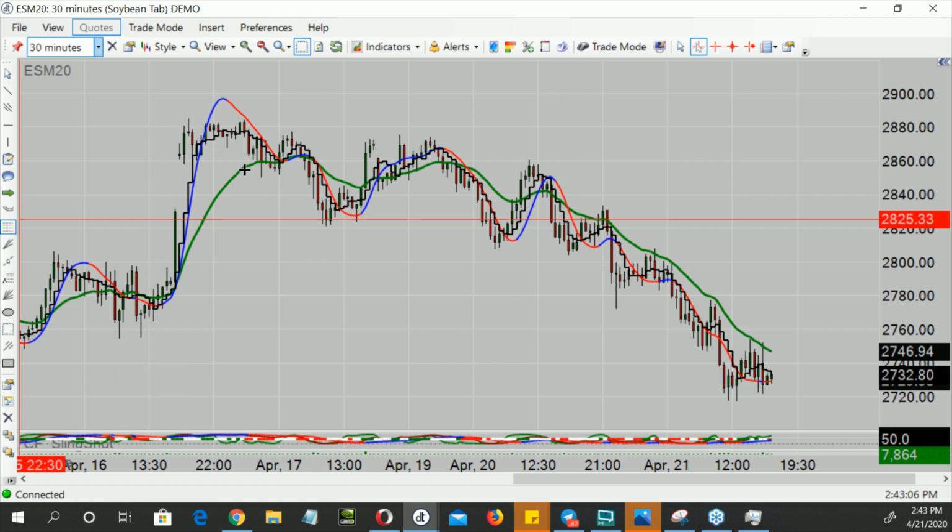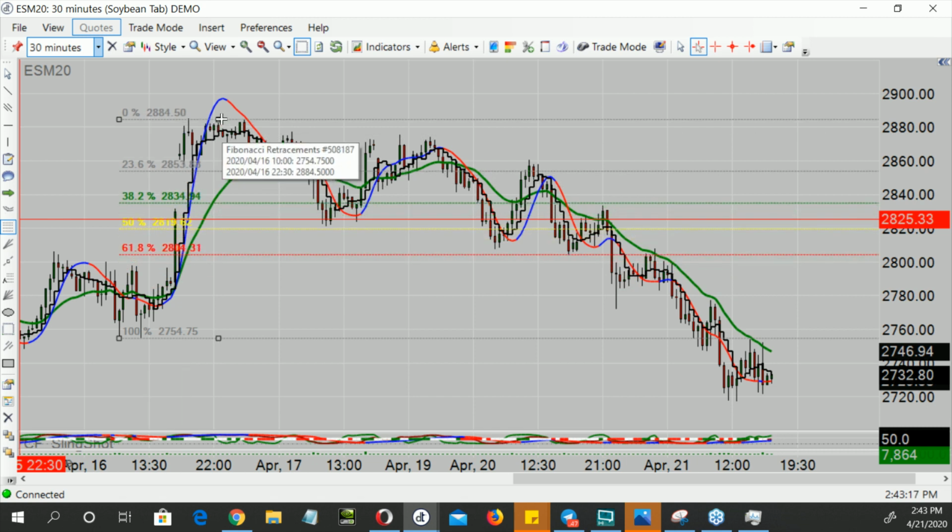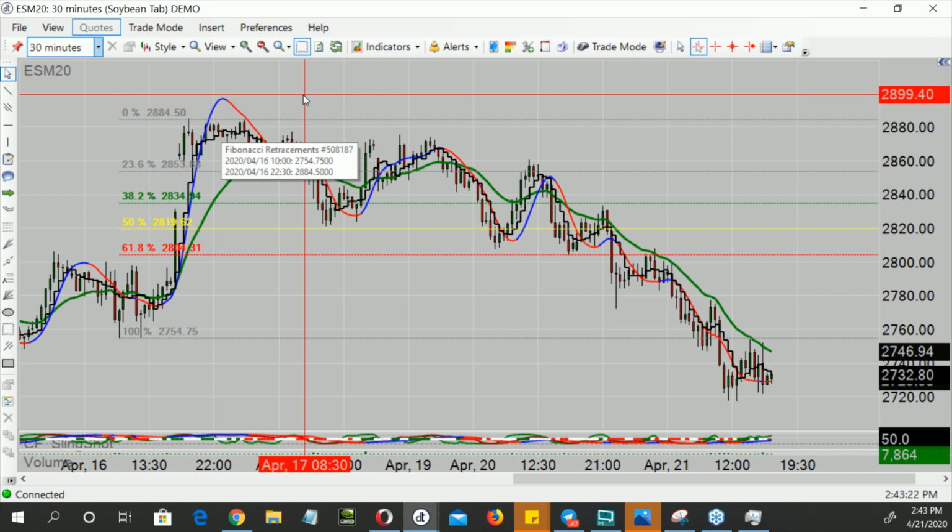A leg, a retracement, a leg, a deeper retracement, a leg. That's how markets work. So with the retracement tool, you just go from the swing low to the most recent swing high. Okay. Now this is all based on like 14th century math.